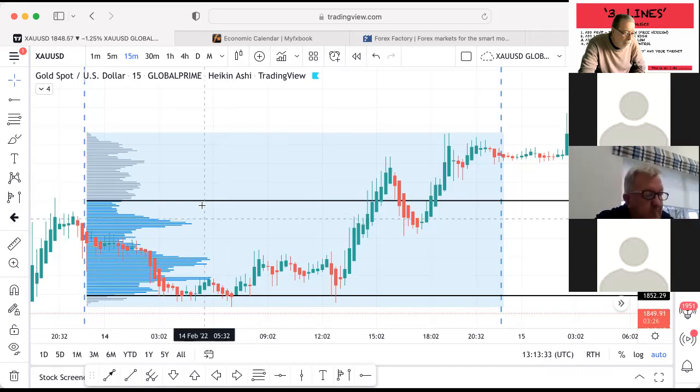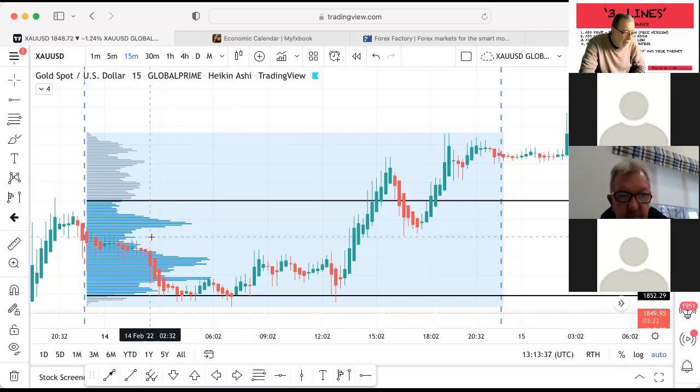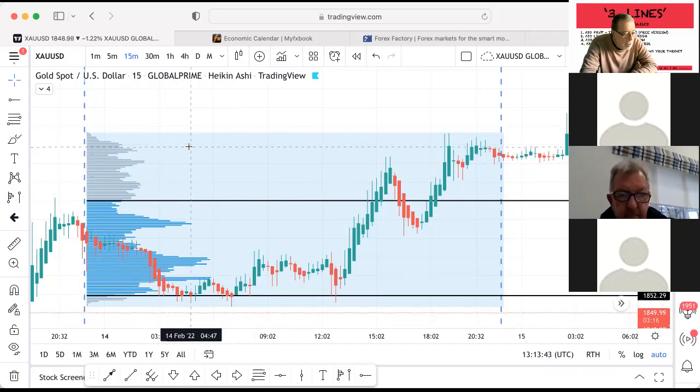And I'd also look outside of this 70% area and see if there are any other significant areas. So you could actually mark these areas off. And I did this on Friday and it worked out quite well.